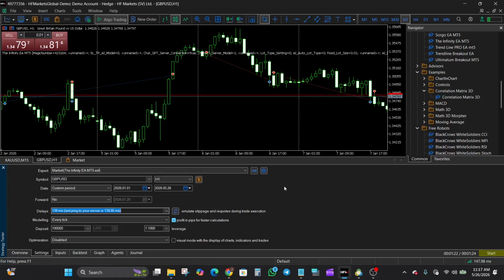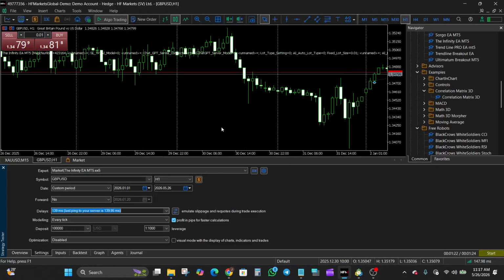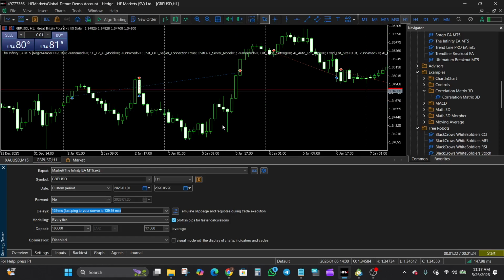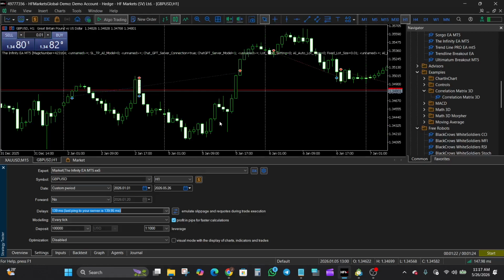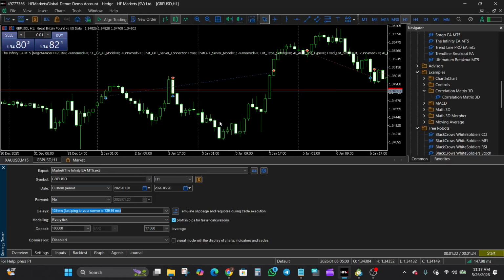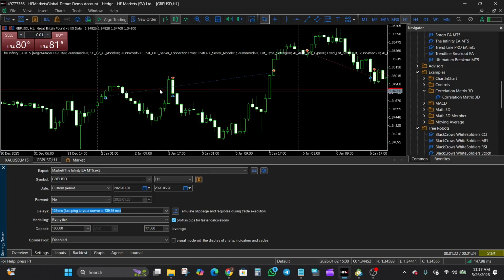All right, so looking at the chart right now, one of the things I can immediately notice is that the EA is not accumulating trades at a go. It seems to be entering follow-up trades, back-to-back trades. Yeah, it's actually doing back-to-back trades, but not stacking a lot of trades at once. Although in this case, we had a trade executed and running, and then another one was executed before this one was closed.